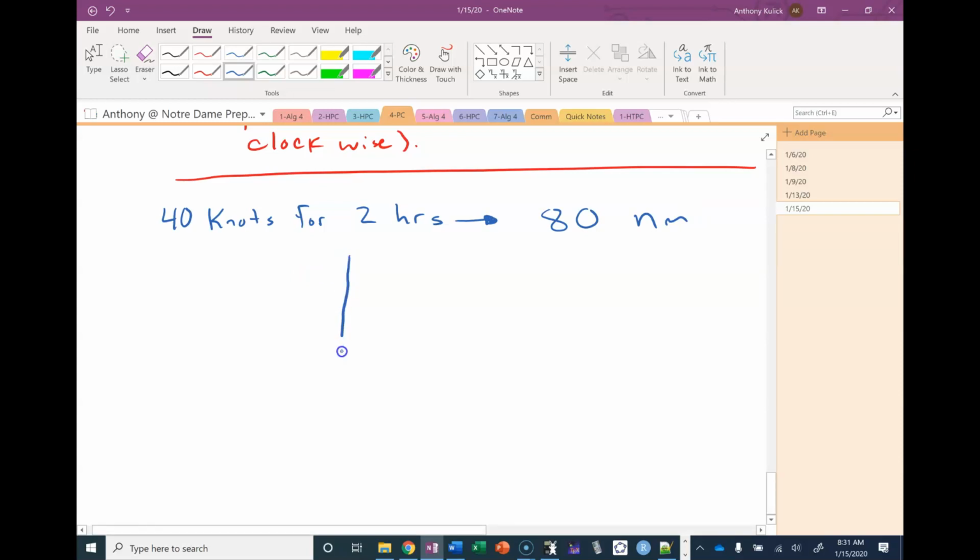And it says the bearing is 215 degrees. Actually, let's draw that in black. So we start at the north line.